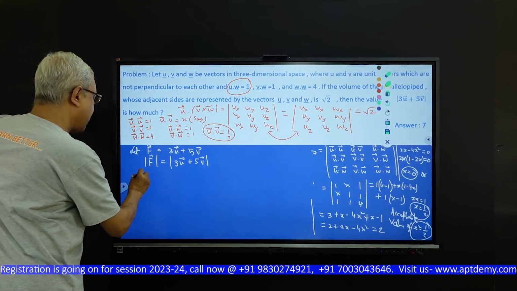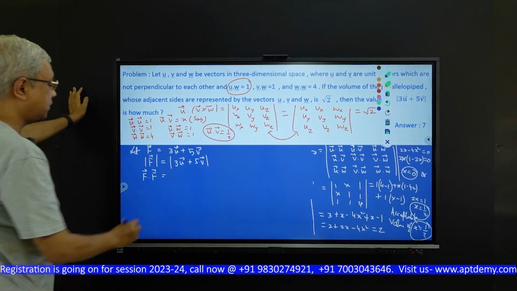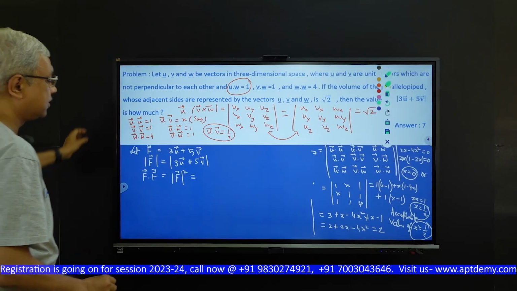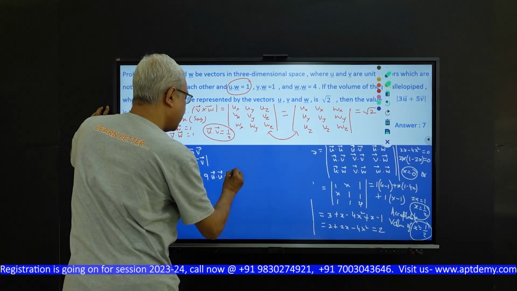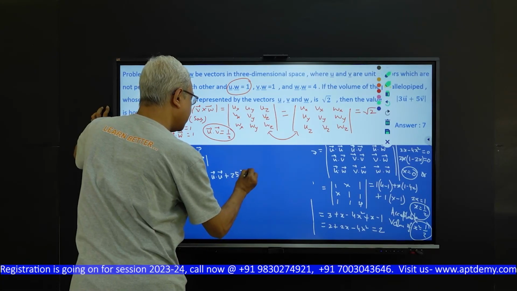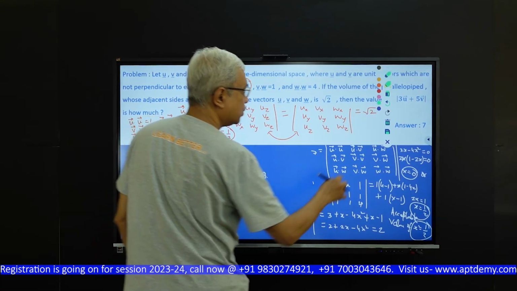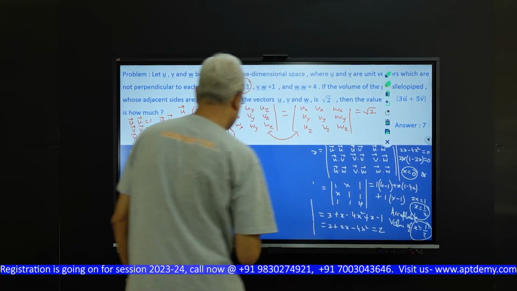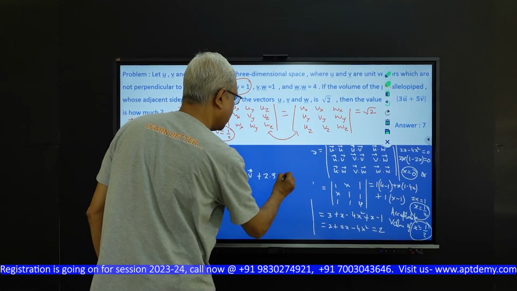So if I calculate f dot f, which is nothing but mod f whole square, it is actually 9 u dot u plus 25 v dot v plus 2 into 3 into 5 u dot v.